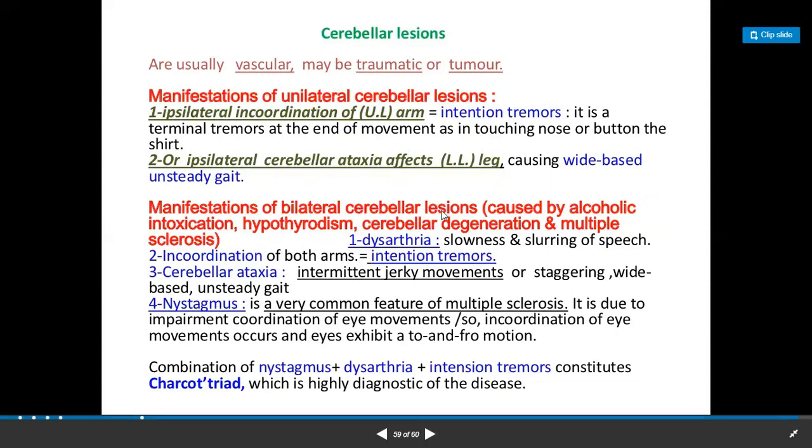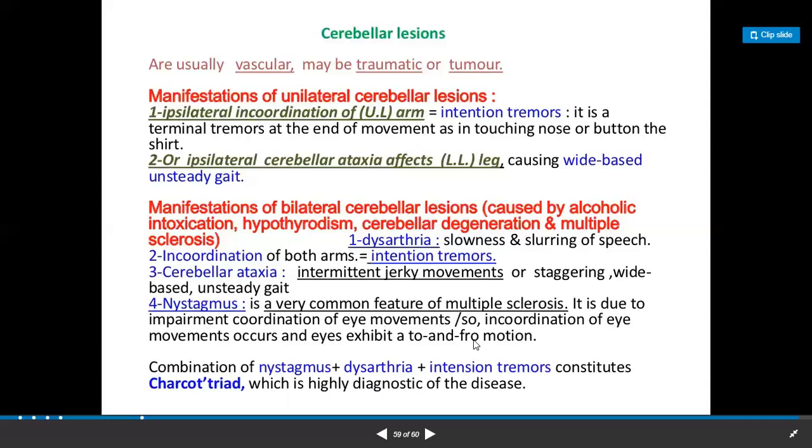Manifestations of bilateral cerebellar lesions: you will see dysarthria, that is slowness and slurring of speech, and incoordination of both arms leading to intention tremor. Cerebellar ataxia has intermittent jerky movements, a staggering, wide-based unsteady gait. Nystagmus is a very common feature of multiple sclerosis. It is due to impaired coordination of eye movements, so the eyes exhibit a to and fro motion.